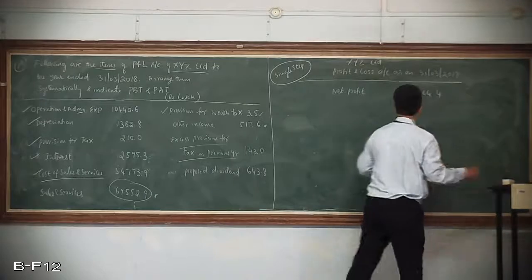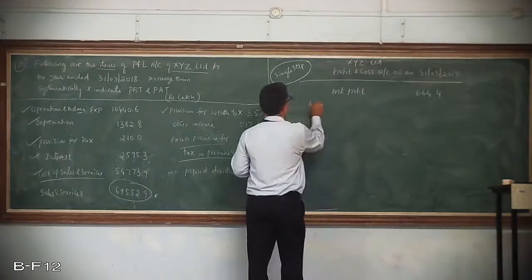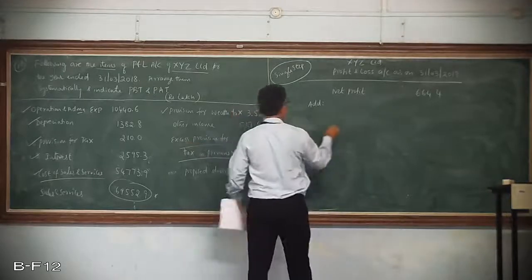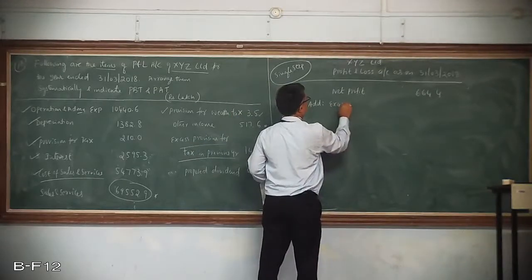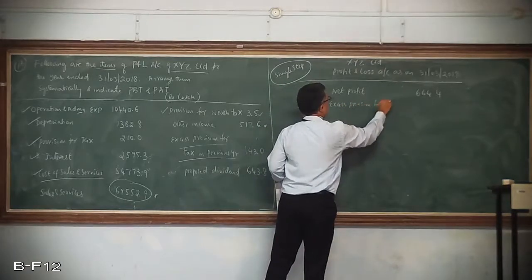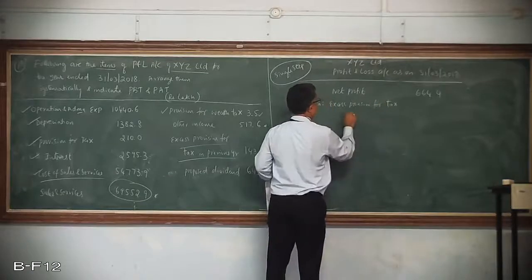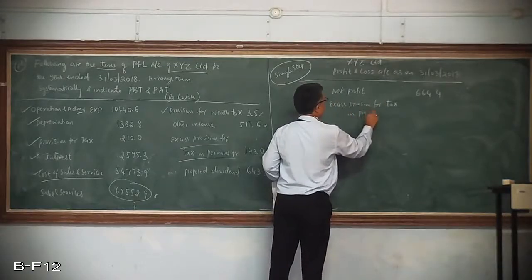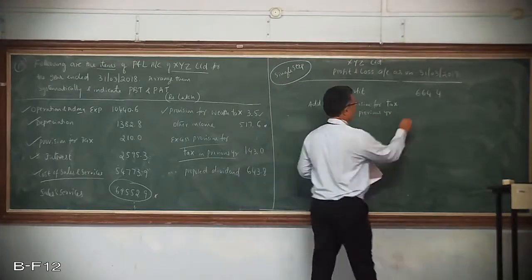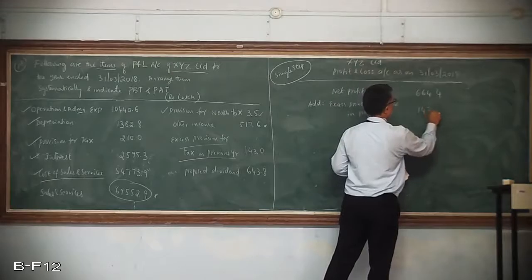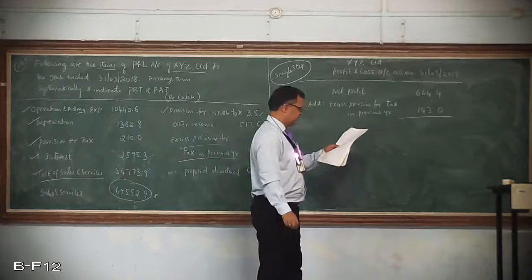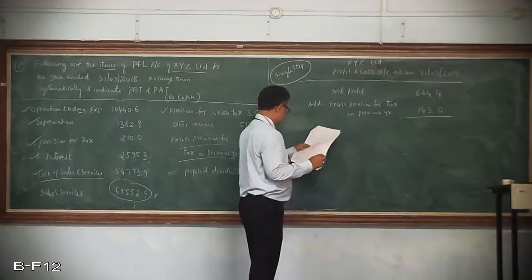Now add the excess provision for tax. That is 143 points. Provision made during last year.